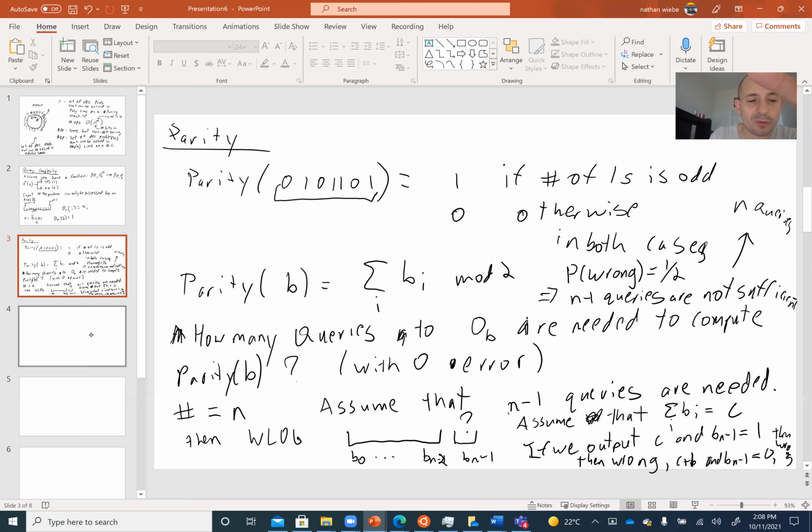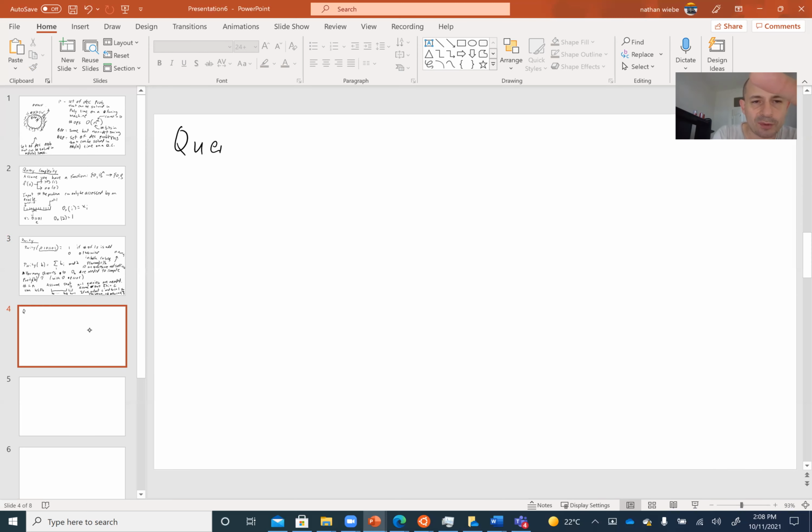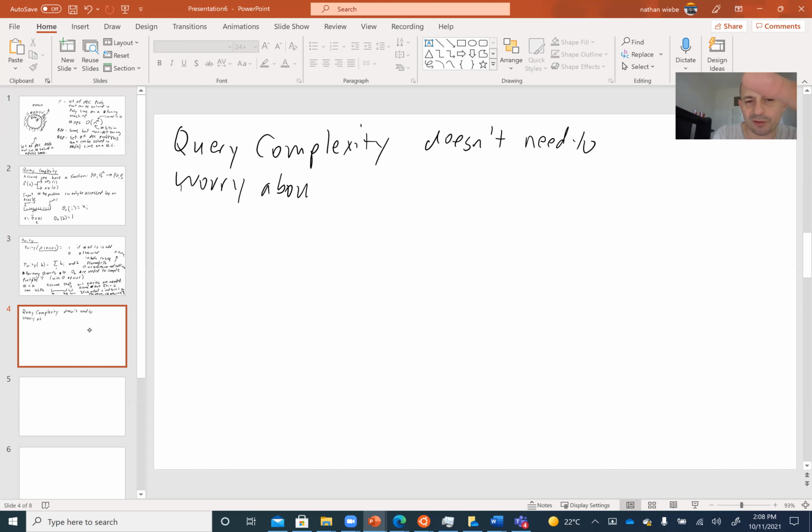But the nice part about this is query complexity doesn't need to worry about details of the gate set, which is another great thing about it, because with that previous proof, we didn't have to worry about whether we were using NAND gates, or whether we were using shifts of the head in a Turing machine.